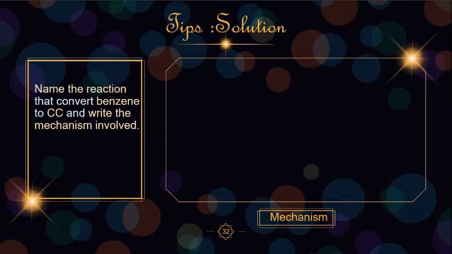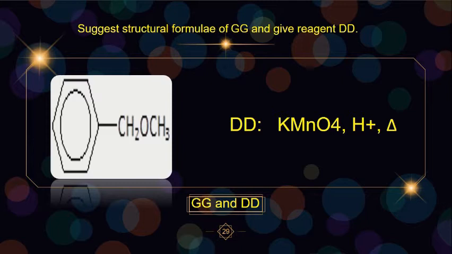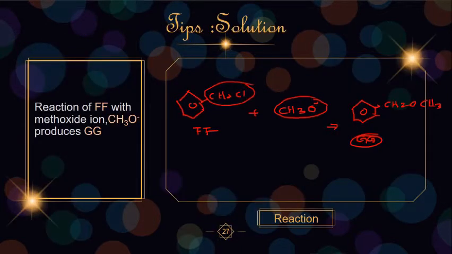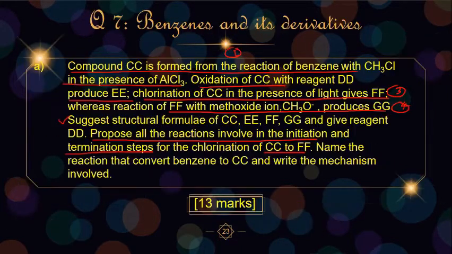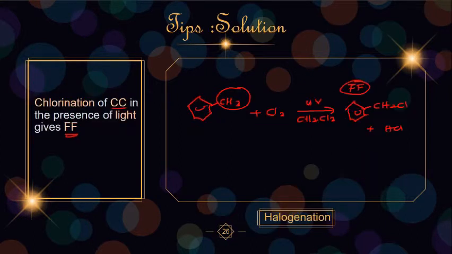Okay, name the reaction that converts benzene to the product and write the mechanism involved. Okay, benzene just now, the first question. Okay, the reaction, what is the name of the reaction? Just now we said the name is Hydrocarbon alkylation.